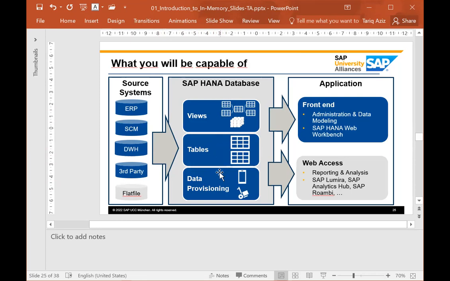So three things are happening on the database level, and these are kind of calculation views. Everything is happening on the database, and you can just move this information to the application front end. You can display it on the application that is connected to HANA, or you can display it on a web page if you are accessing through the web.